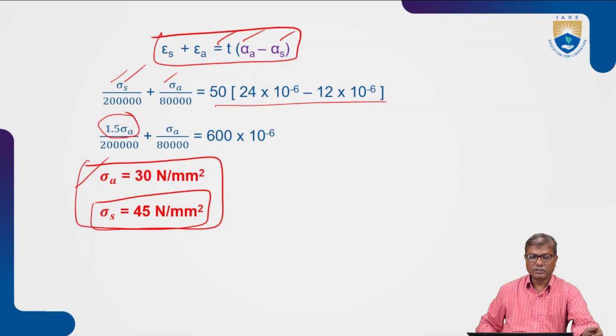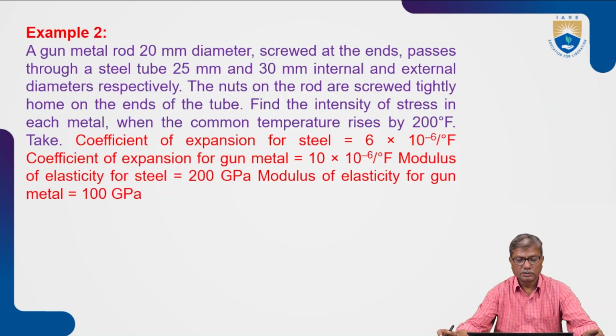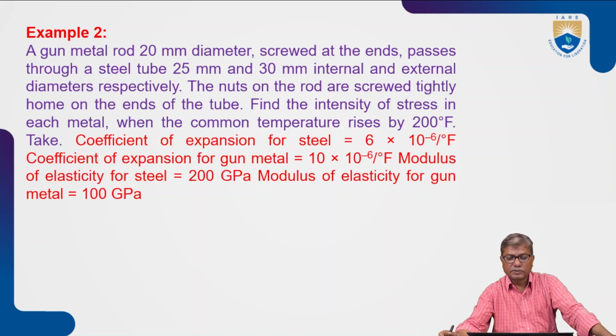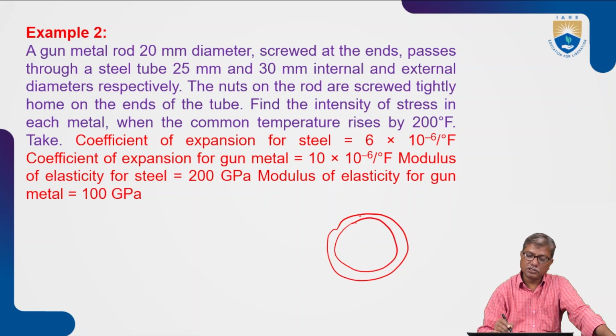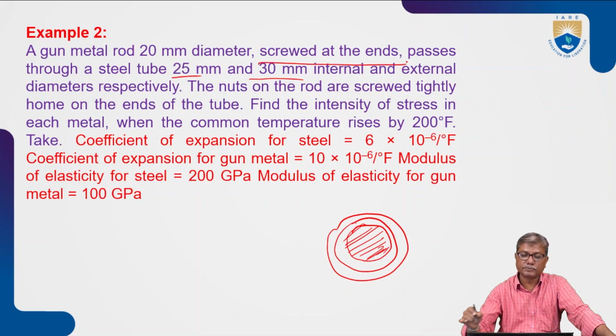Another example we will see. A gunmetal rod of 20 mm dia, screwed at the ends, passes through a steel tube 25 mm and 30 mm internal and external diameters respectively. Here is a steel tube of external diameter 30 and internal diameter 25, and through which a gunmetal rod is passing, which is screwed at the ends.